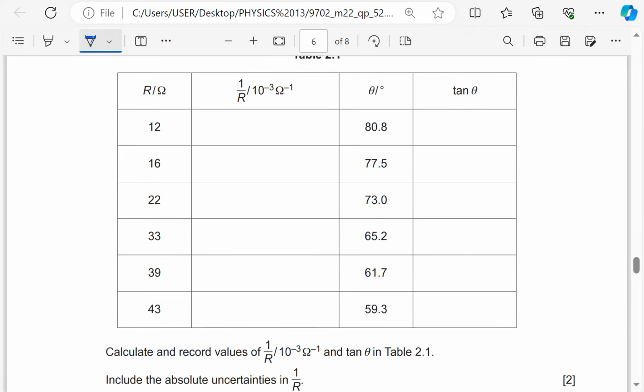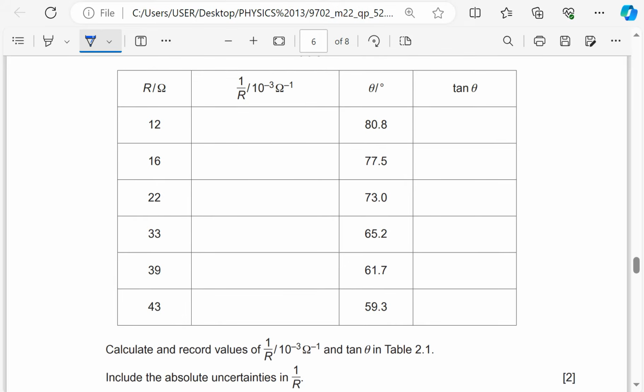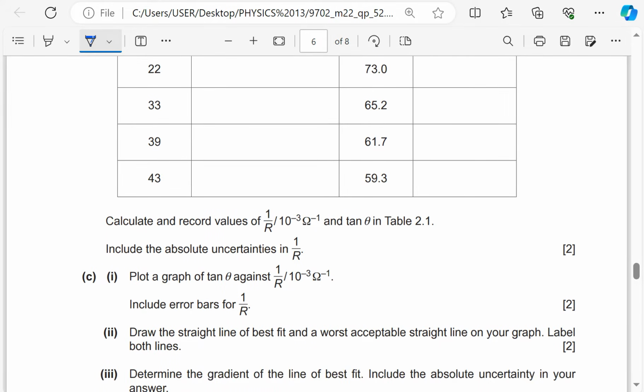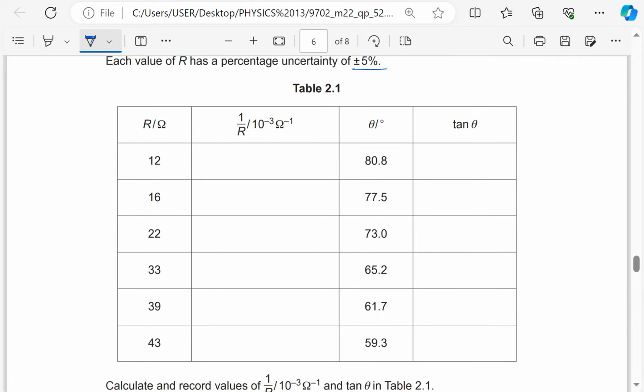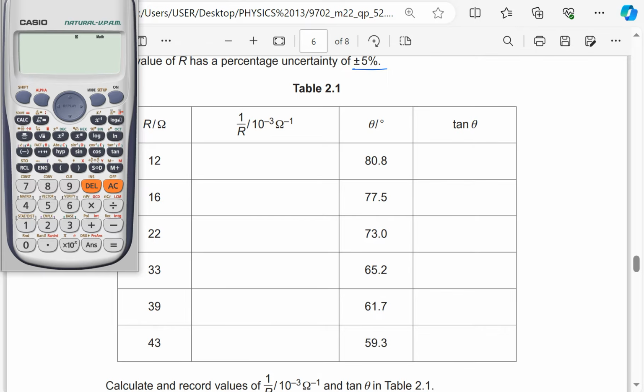Then we have theta and we need tan theta. Calculate and record 1 over R and tan theta. We are going to include uncertainties in 1 over R. So let me first record 1 over R. I think I can even record 1 over R to more than two significant figures.